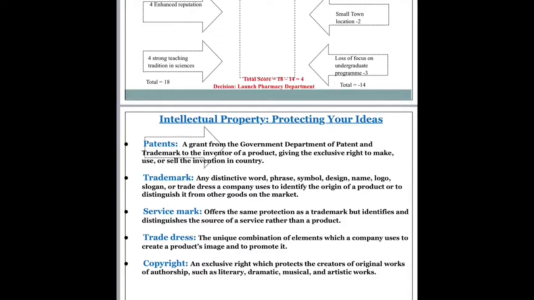Copyright is an exclusive right which protects the creator of original works of authorship, such as literary, dramatic, musical, and artistic work. Copyright is very common in the educational world. Copyright means that only the specific person who is the author of that book, or the publisher, has the right to sell that product.